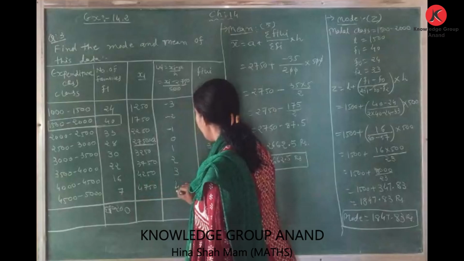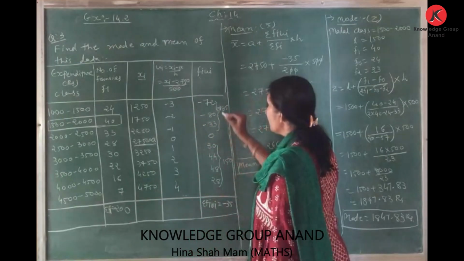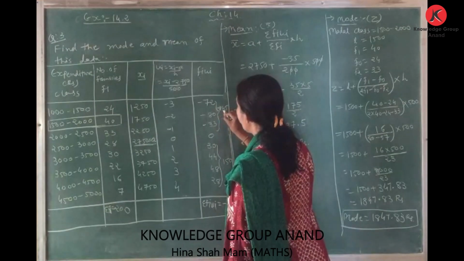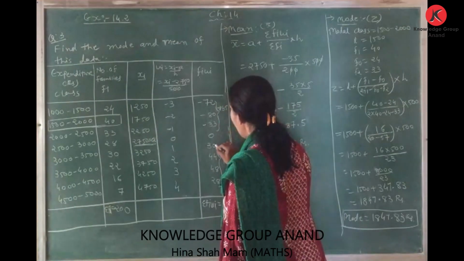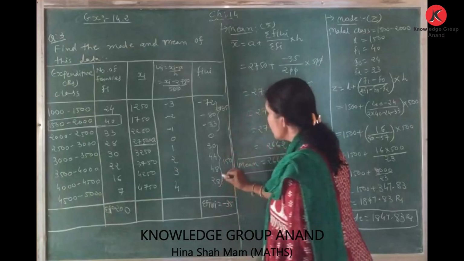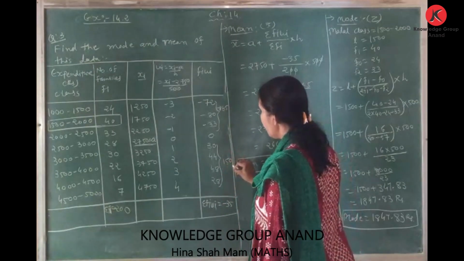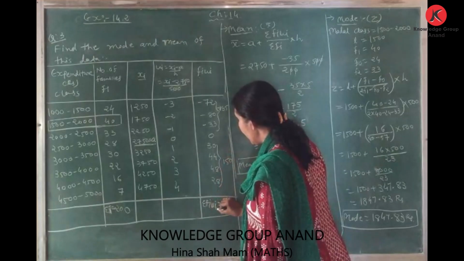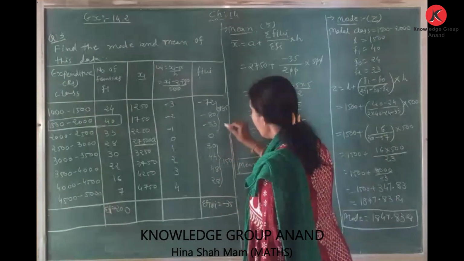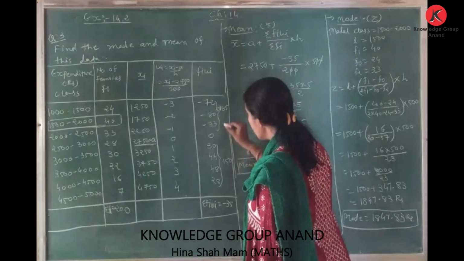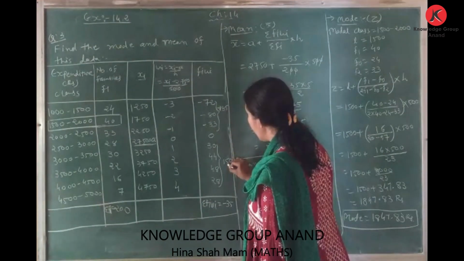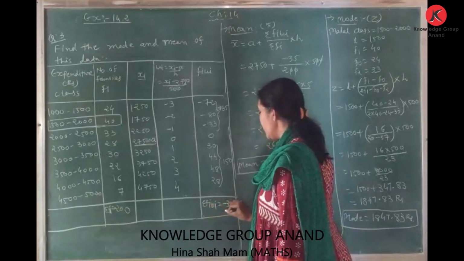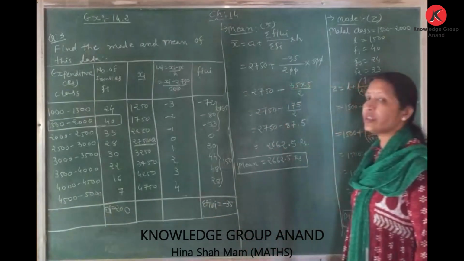And 7 into 4 is 28. Sum of the negative numbers is minus 185, and sum of the positive numbers is 150. Therefore, sigma Fi ui is minus 185 plus 150, that is minus 35.